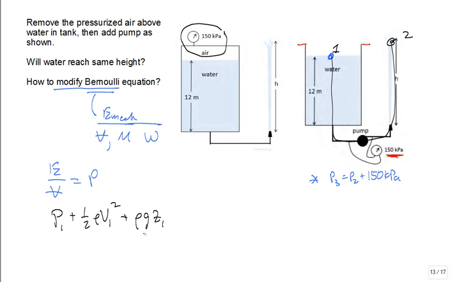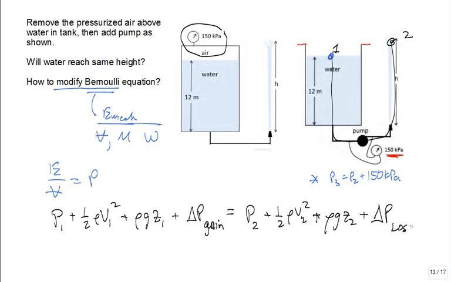That's what I start off with, plus any gains, equal to the pressure at the end plus the kinetic energy at the end plus the potential energy at the end, rho gz, plus any losses.